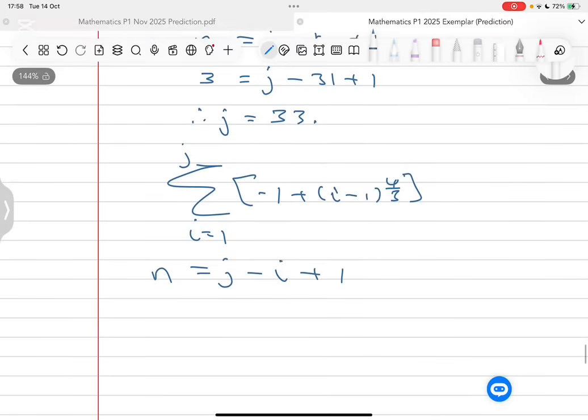And we already know that j is 33 because we calculated that here. We also know that we are starting at i equals 1, and we are adding a 1. And therefore, this means the number of terms is going to be 33. So here I made a mistake, it should be 33. So the number of terms is going to be 33.